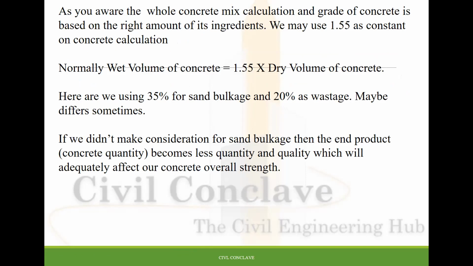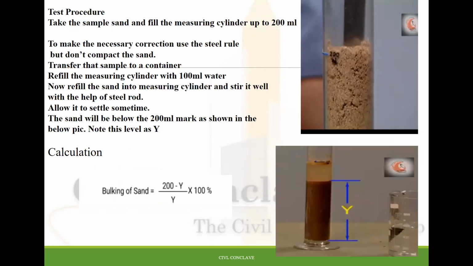We always base the calculation of dry volume and wet volume on 1.55. Here we are using 35% for sand bulkage and 20% as wastage. Maybe it differs sometimes. If we don't consider the sand bulkage, the end product, that is the completed concrete, will have less quality, and that quality also adversely affects the concrete's overall strength.